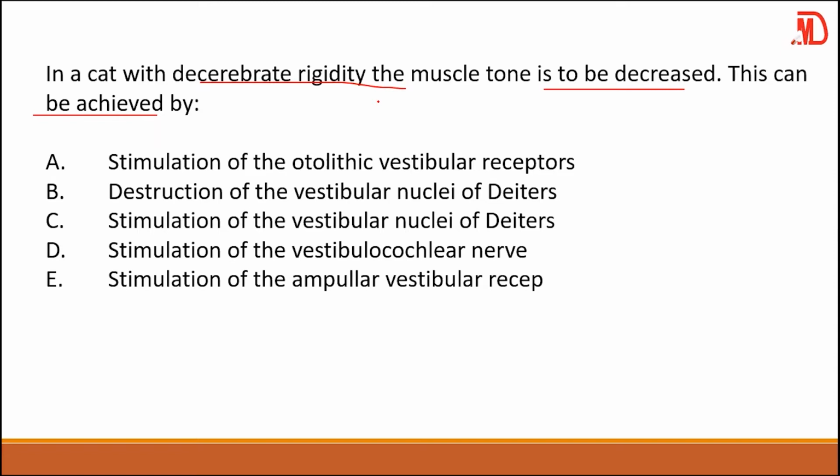Like I said, I don't want to go into details of all of these things because it might end up confusing you. Basically, we are looking at loss of muscle tone, and for loss of muscle tone, we are dealing with the destruction of the vestibular nuclei. So here, your answer should be B, destruction of the vestibular nuclei. Again, these deal with muscle tone.